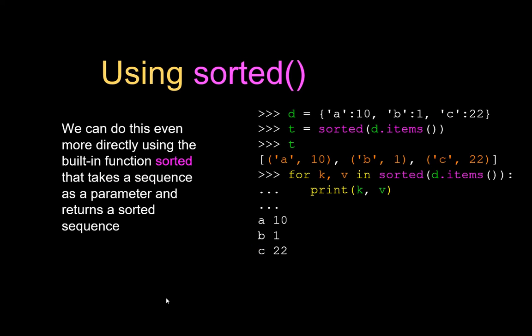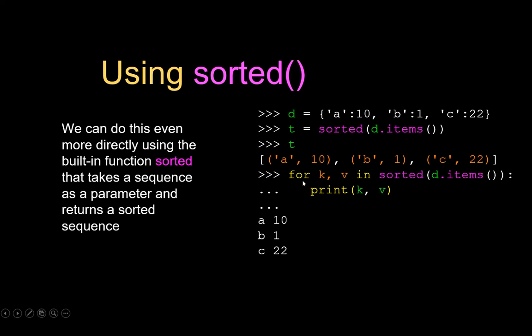Going back again, we're going to use the sort function again. We have a dictionary with keys and values. Here, we use the sort function on the same dictionary, and the content of t would be a list of tuples with key and value, key and value, key and value.